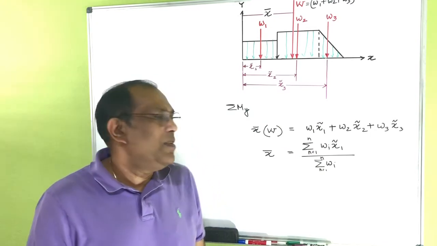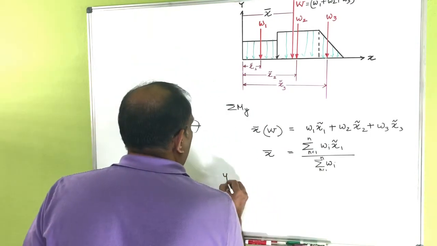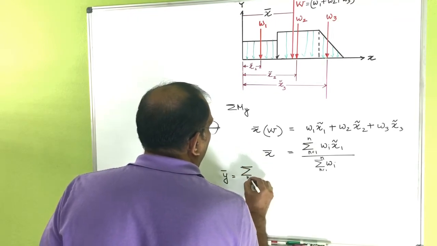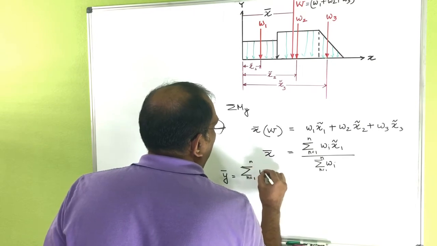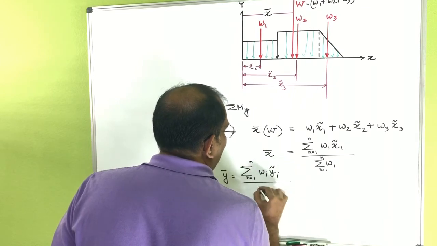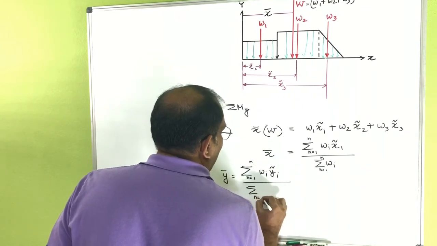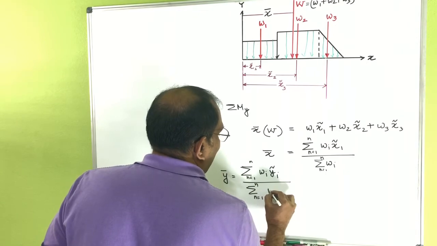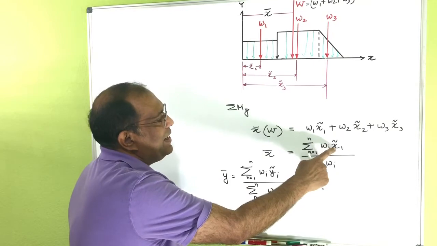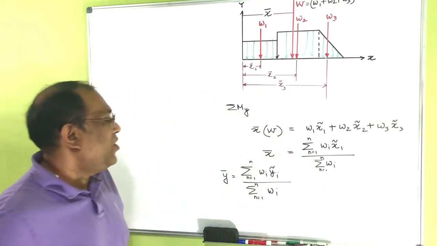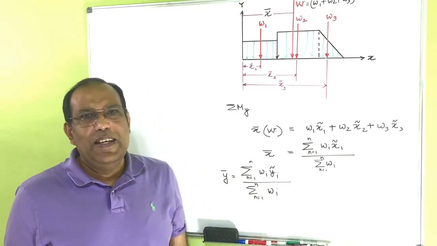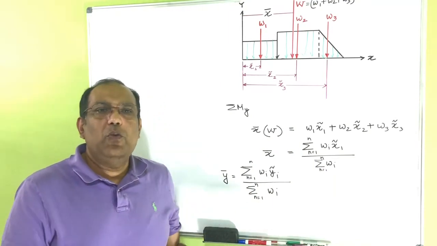And similarly your y bar would be the same. The only change is that x squiggly would be replaced by y squiggly. So that's the way we have to solve the problem.